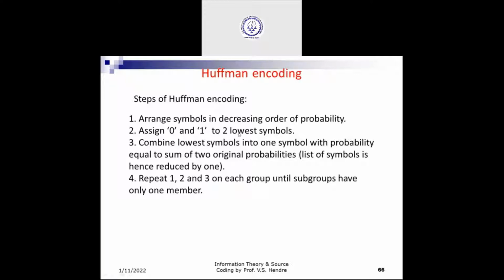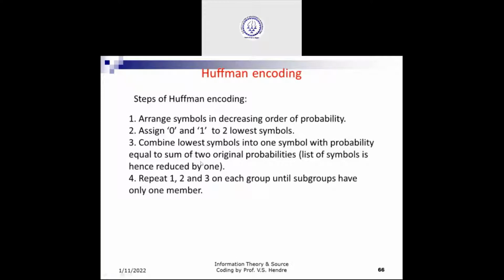Then step number two, we have to combine the lowest two elements, and assign binary 0 and 1 to the two lowest symbols. Step number three, we have to combine the lowest symbols into one symbol with probability equal to the sum of the two original probabilities, and this list of symbols will get reduced by 1.